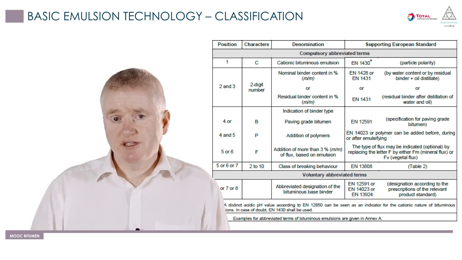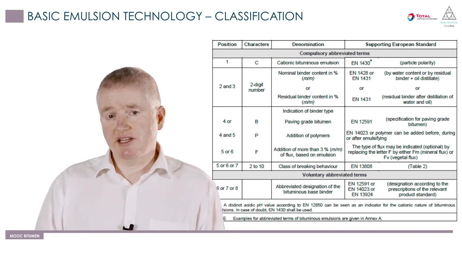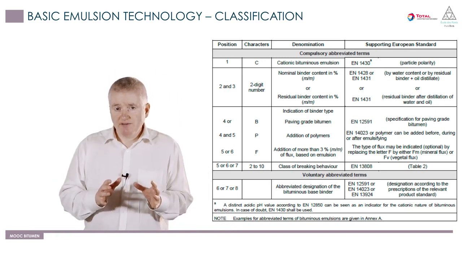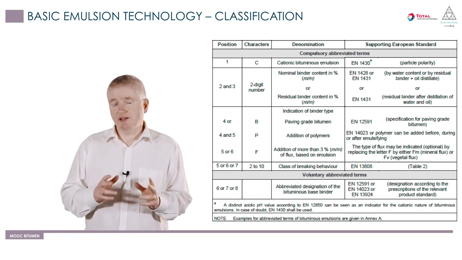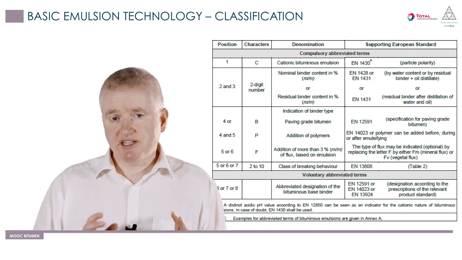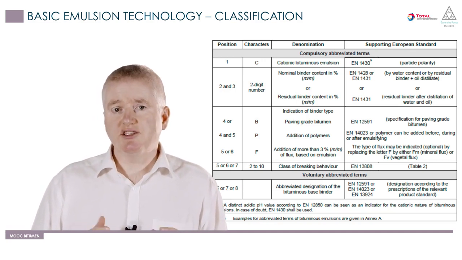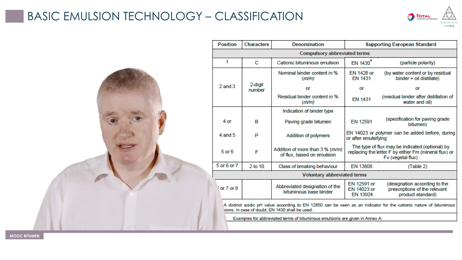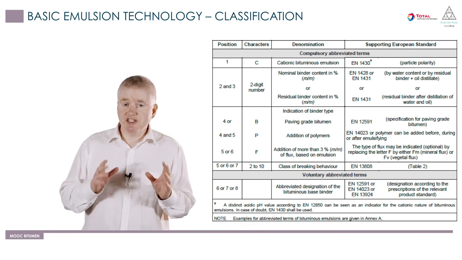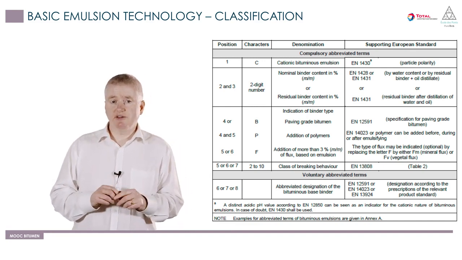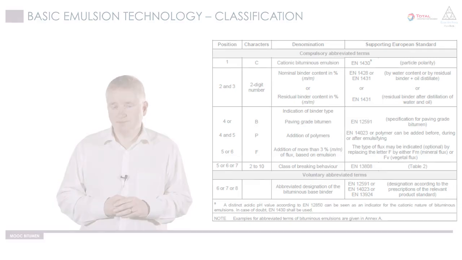Digit 4 describes if the emulsion contains paving grade bitumen by including the letter B. Digit 5 describes if the emulsion contains a polymer by including the letter P. Digit 6 describes if the emulsion contains flux oils at a concentration greater than 3% by including the letter F. And finally, digit 7 describes the stability of the emulsion by quoting the class number of breaking behaviour.